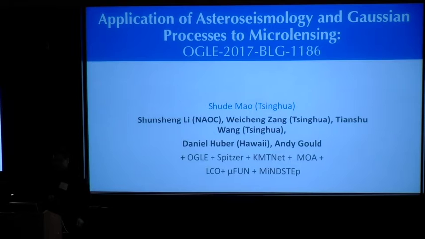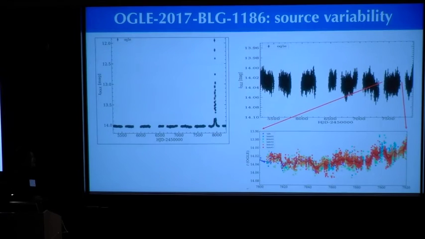survey and follow-up teams. Okay, so if you look at this event discovered by the OGLE collaboration, you have 9 years of data on the left, and the microlensing episode occurred in the 8th season. Now, if you look at the baseline of this light curve on the right, where I have amplified the 7th season baseline, you can see the event shows intrinsic variabilities, and this shows OGLE data together with KMT data.